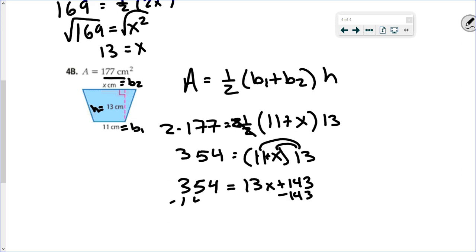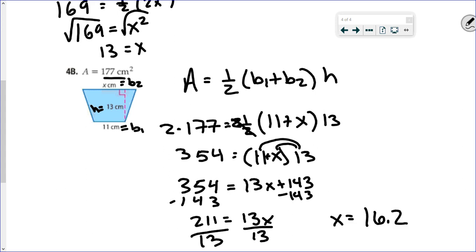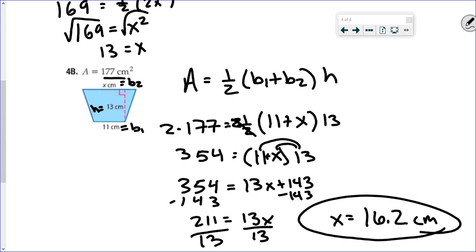Subtract 143 from both sides, and you get 211 equals 13x. Divide by 13, and x is 16.2. Our units here are centimeters, so 16.2 centimeters.